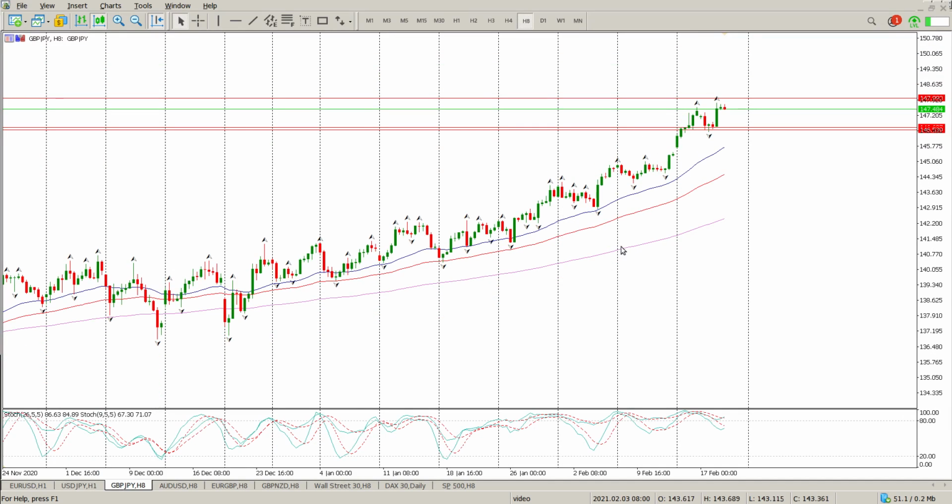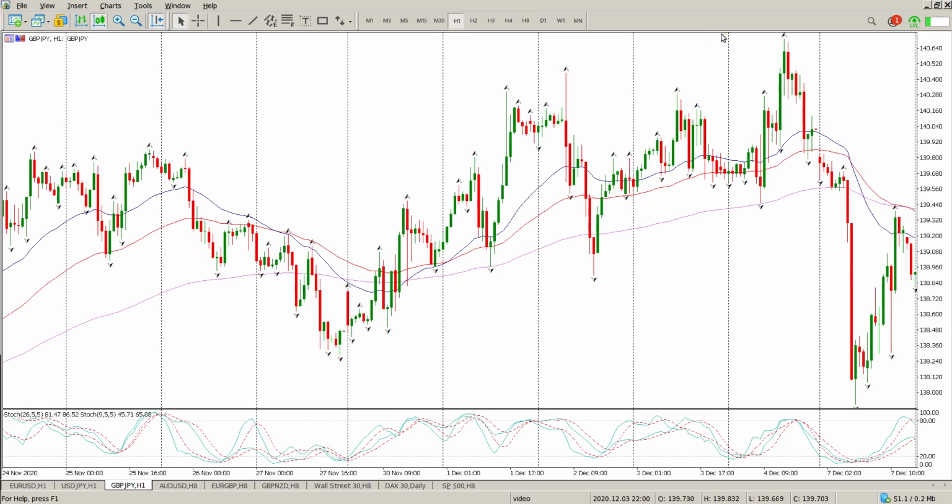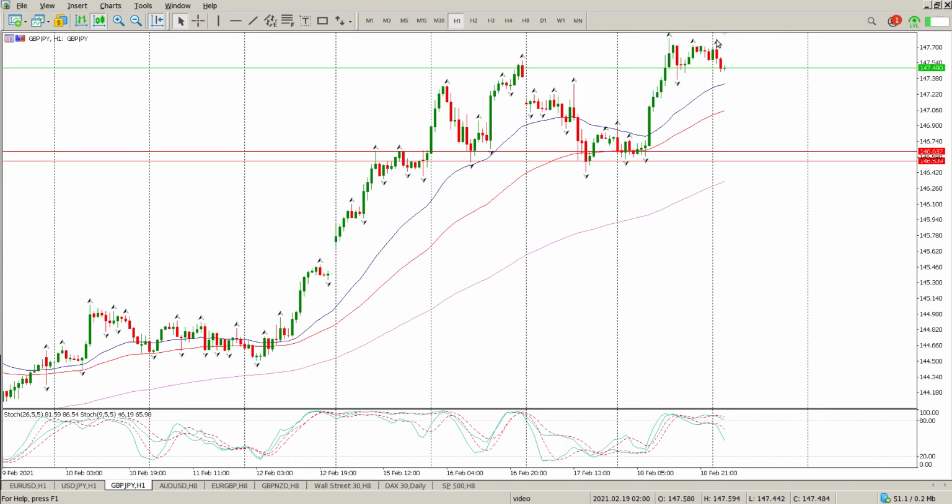On British pound, Japanese yen, we came back in structure and we bounced. So that was pretty much a fairly good trade there. Let's just get to the hour. So again, 1, 2, 3, 4, 5, 6, 7, 8. There's your 8 bars.